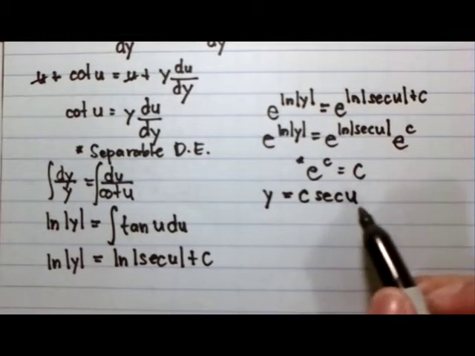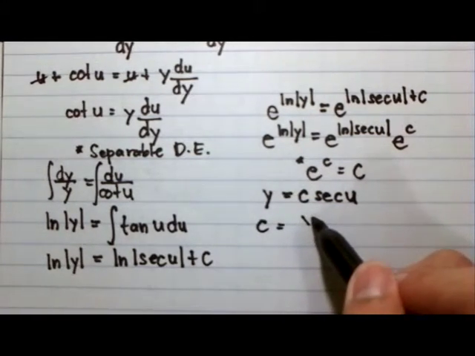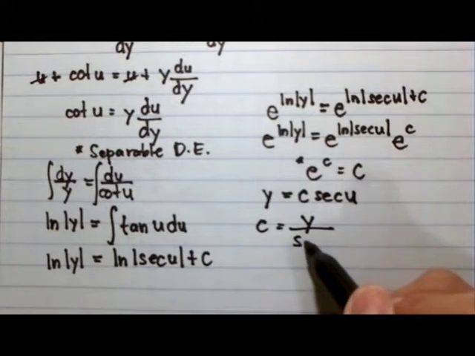By dividing both sides by secant u, we get c is equal to y over secant u.